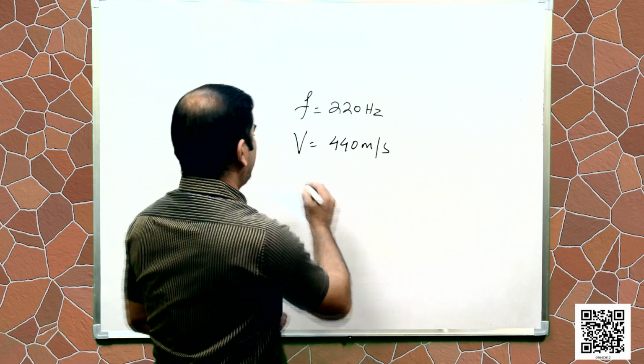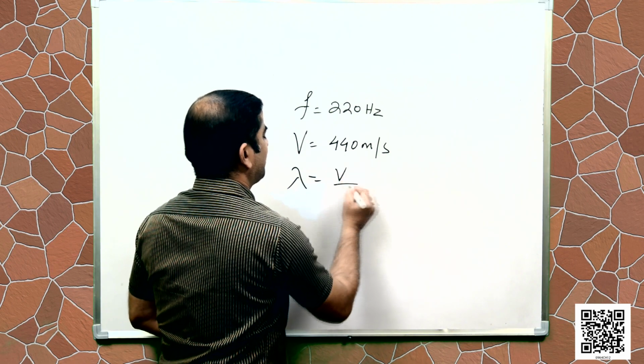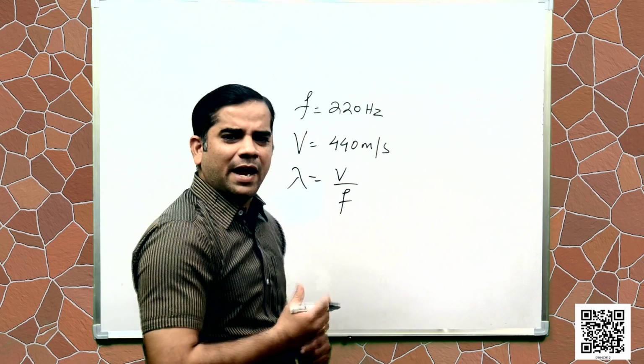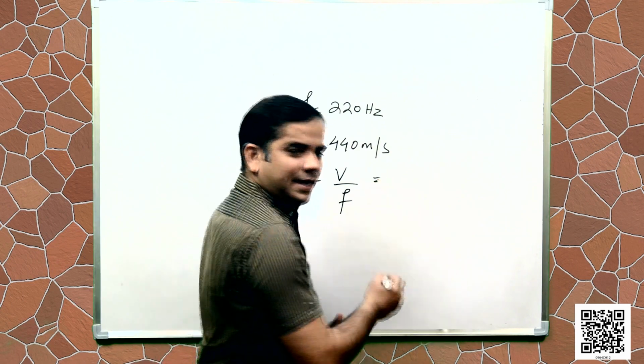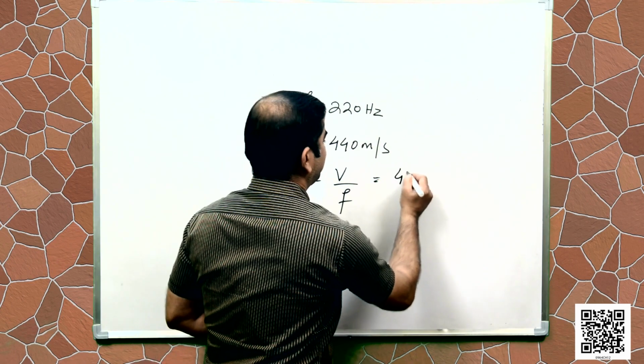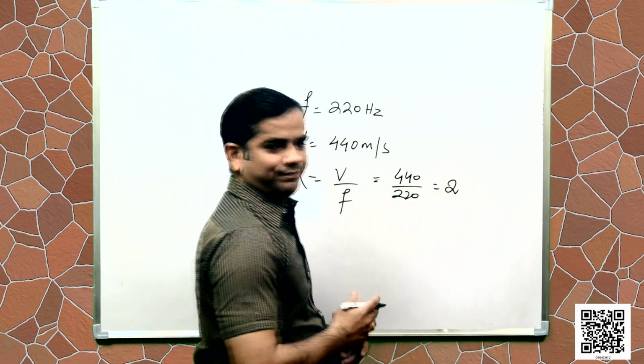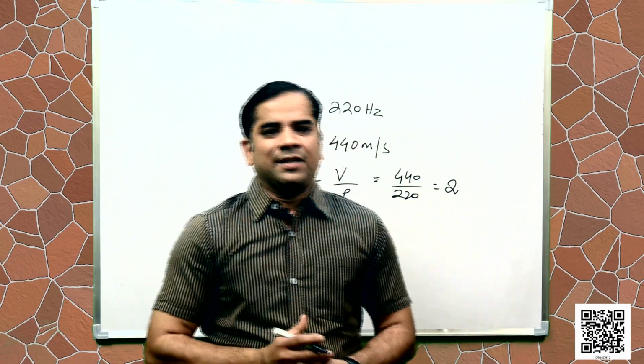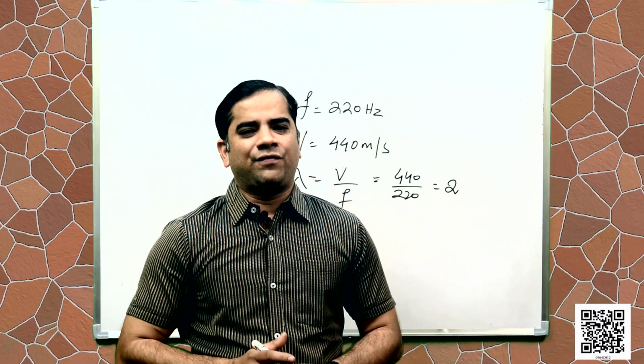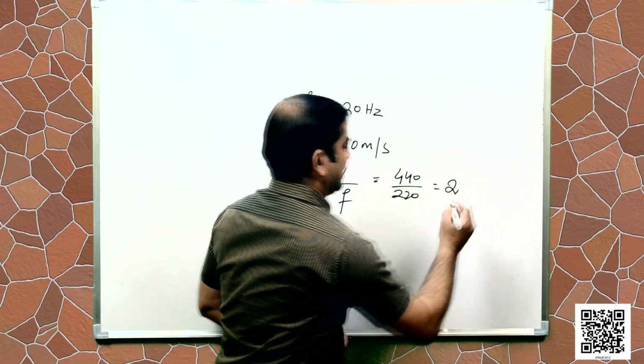We know that wavelength is speed divided by f, that is 440 by 220, which is equal to 2. So the wavelength of the sound is 2 meter.